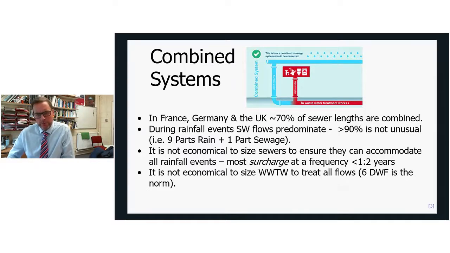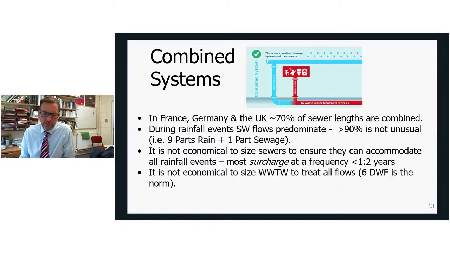Because in those systems we have foul flow and surface water flows coming together during rainfall events, it means that during rainfall events up to 90% of the flow could be rainwater mixing with the foul sewage, and obviously whilst it's diluting the foul sewage, it's also increasing the amount of flow which is going to the treatment works. So it's not economical to size sewer pipes to deal with all the expected rainfall. So typically we expect a pipe to be designed to surcharge once in every 2 years on average.